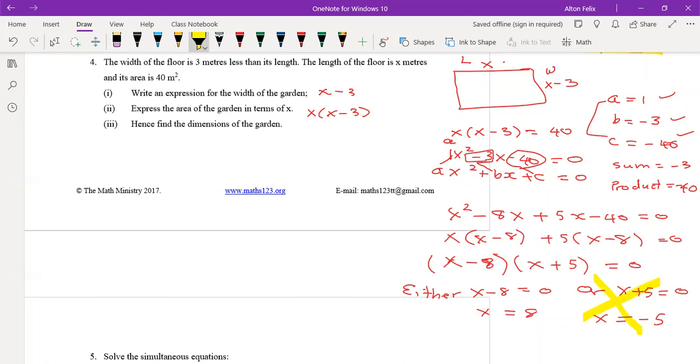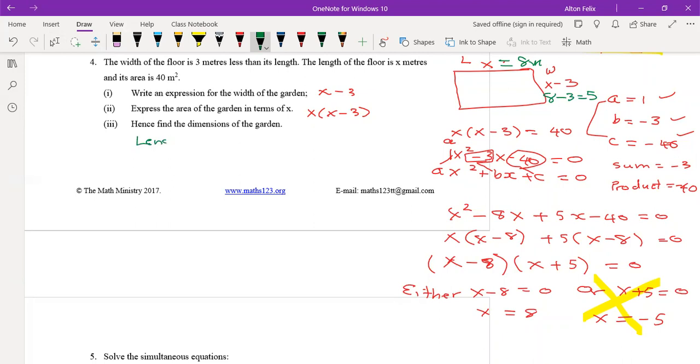So based on the diagram we have above, the length x will be 8, and they say the width is 3 meters less. So the length will be 8 meters and the width will be 3 meters less, as shown here, 8 minus 3, which is 5 meters. So that's the dimension.